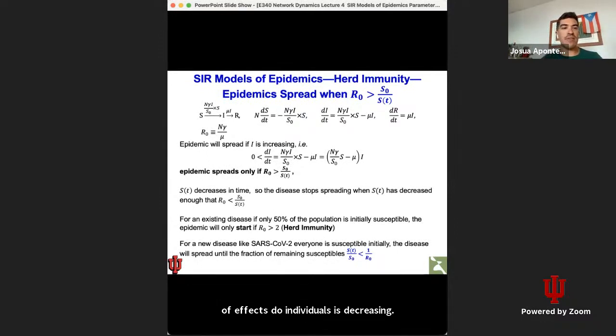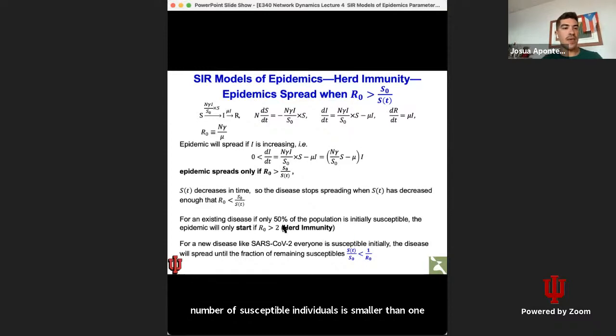And that happens only if the number of susceptible individuals over the initial number of susceptible individuals is smaller than 1 over R naught.